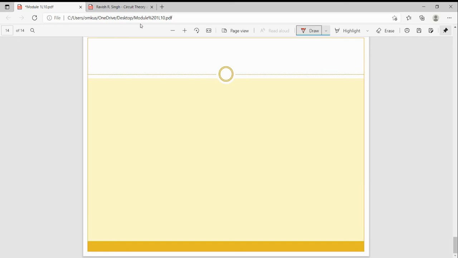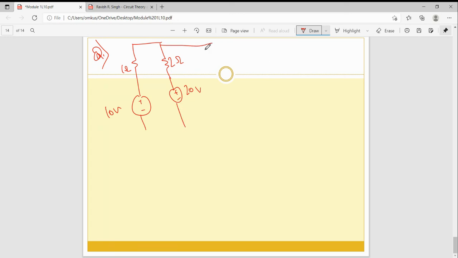Now one example is given here. Try to solve this example using this theorem. Now see, this is 1 ohm and a 10 volt voltage source, which is connected in parallel with 2 ohm, and here a 20 volt source with a 3 ohm resistance is given to you.